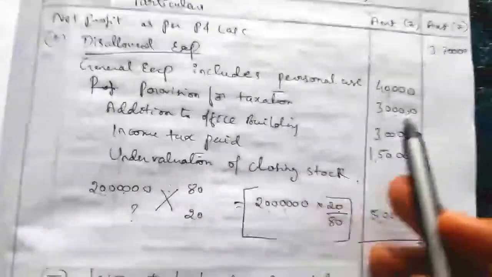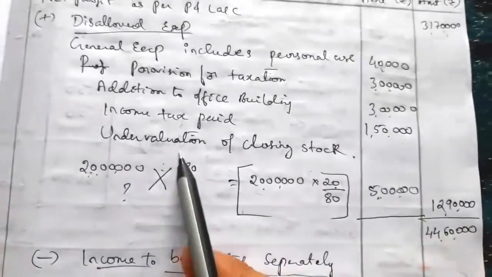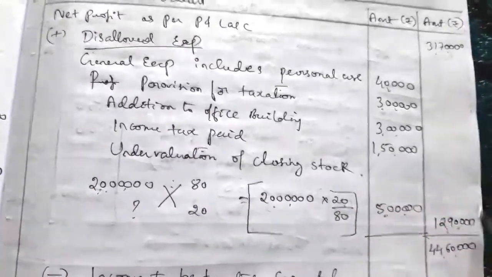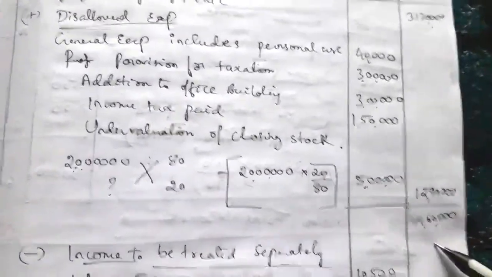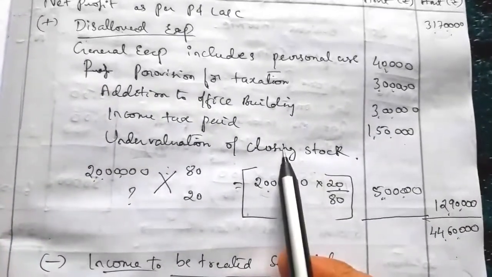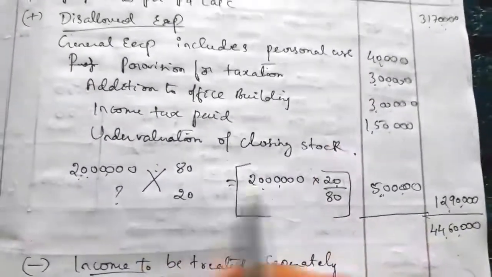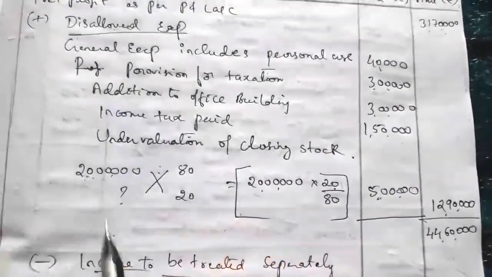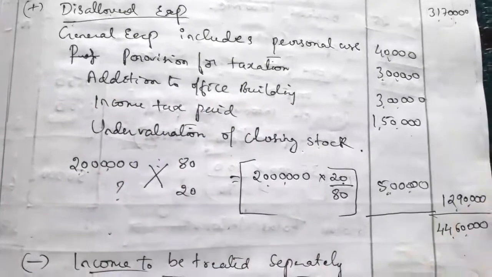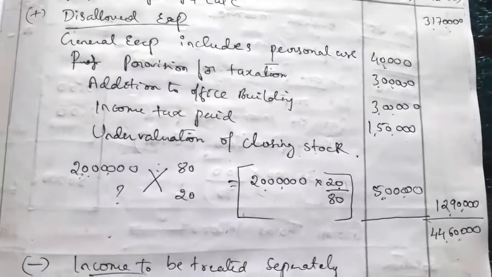Even the undervaluation of closing stock, instead of adding it together here, it is better to add separately. Total this, then after that this total, next add separately as this is the allowable income not allowed so far. Like that you can write the heading. Undervaluation of closing stock means it is an allowable income on the credit side.